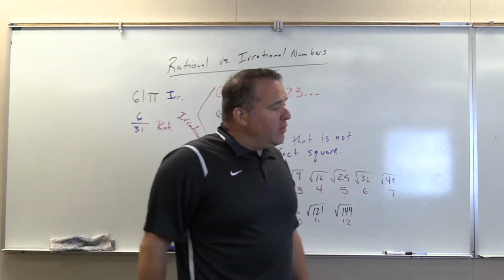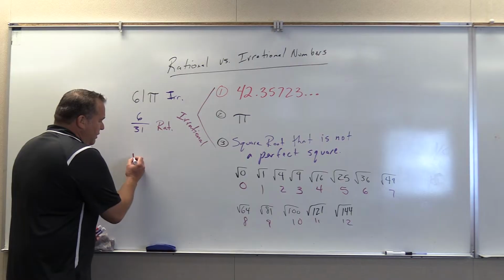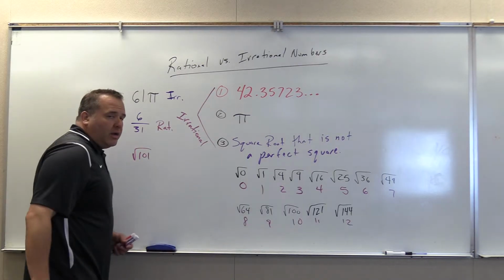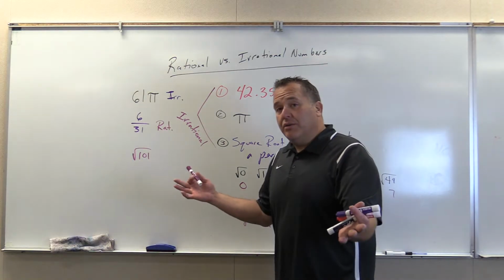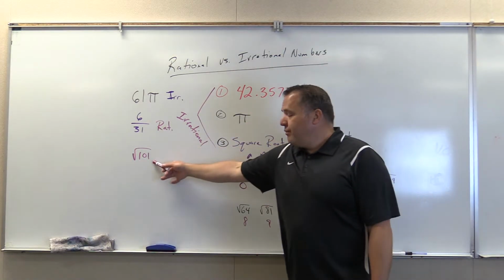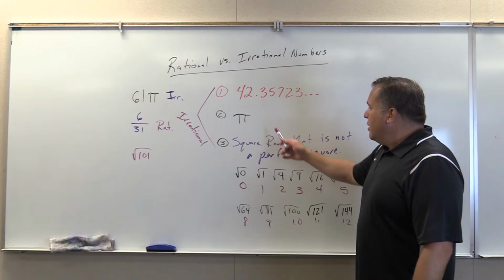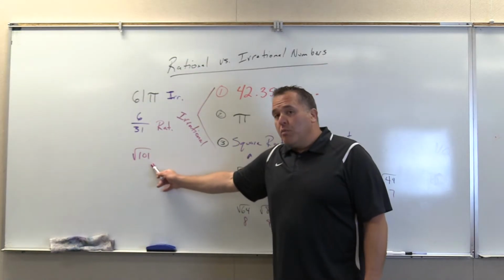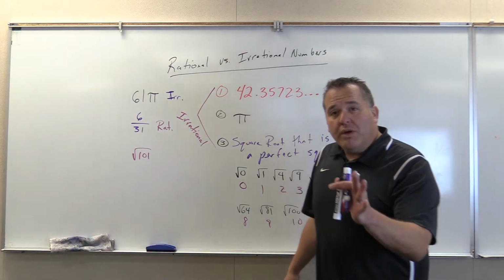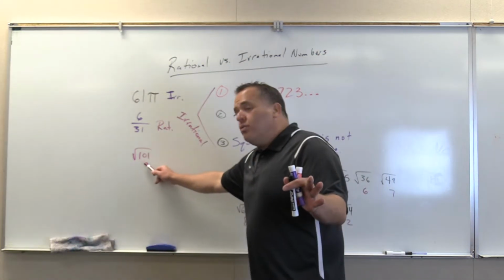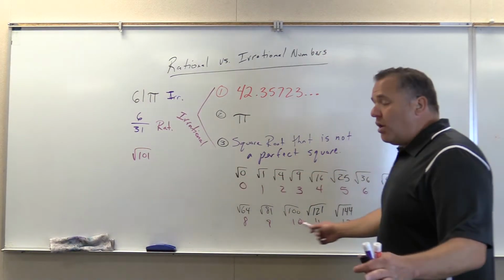Now let's take a look at another one. Take a look at this one. Look at this. Square root of 101. All right? Now look, is it rational or irrational? First, is there a decimal? Nope. Is there pi? Nope. Is there a square root? Yes. So what we do is we ask ourselves, is 101 on our chart?